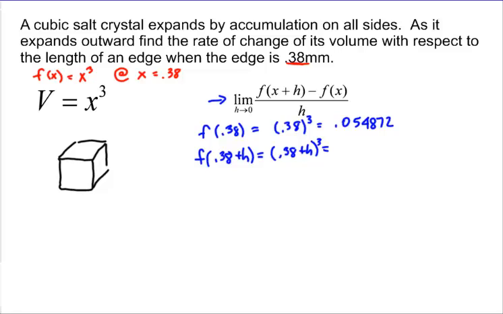Remember, what's going on here is I've got 0.38 plus h times 0.38 plus h times 0.38 plus h, and you have to FOIL all of those out. When you FOIL out the first two, as long as I punched stuff into the calculator correctly, this is what I get.